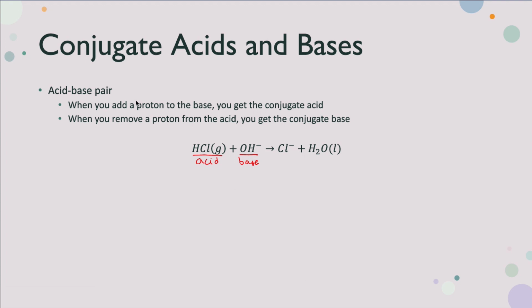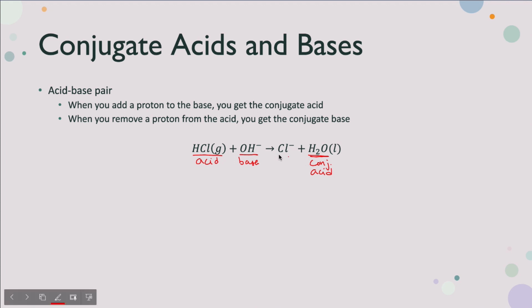So looking at this, we add a proton to the base to get its conjugate acid. So if we add a proton, an H plus, to this OH minus, what would we get? We get water. So this is OH minus's conjugate acid. And as for the conjugate base, when we remove a proton from this acid, we get the chloride ion.